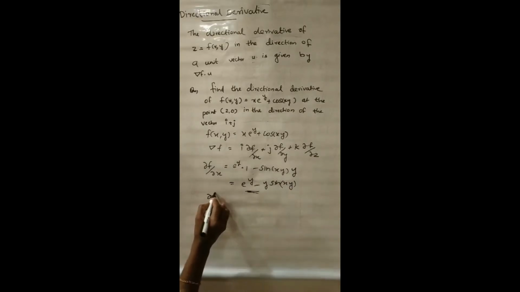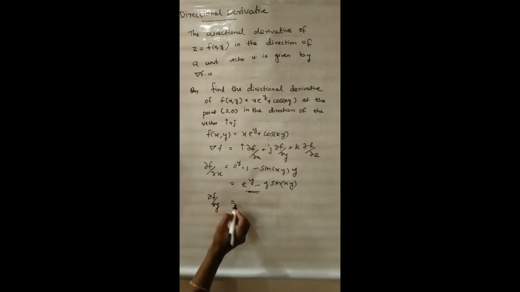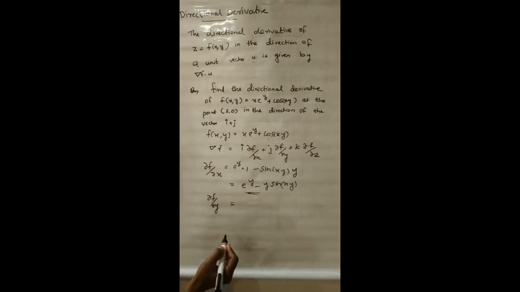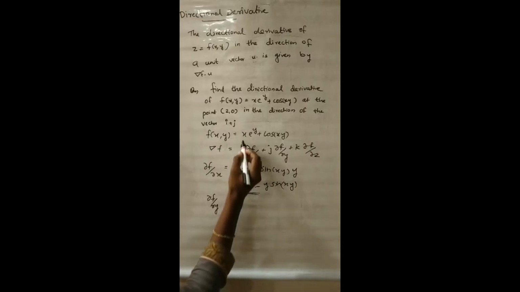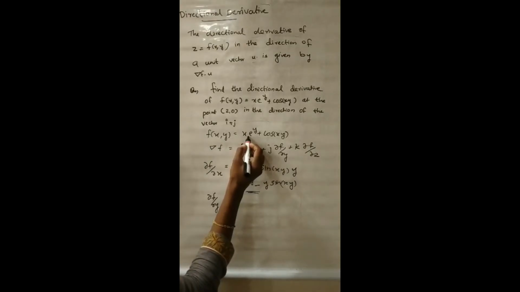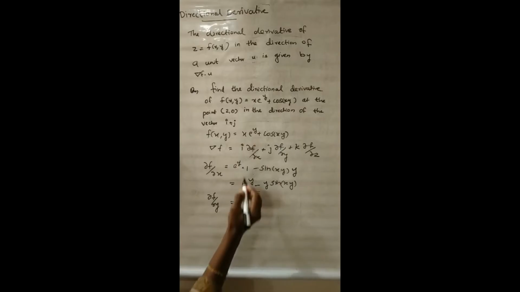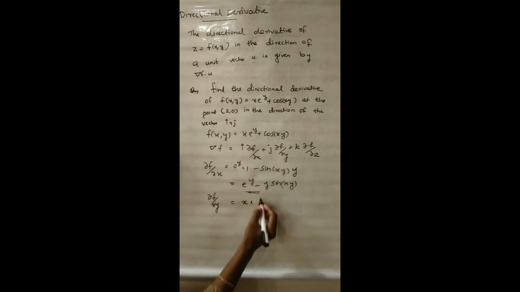Then similarly you find dou f by dou y, the partial derivative of f with respect to y. Here the first term is x e raised to y. So the derivative with respect to y, keeping x as constant, is x into the derivative of e raised to y, which is e raised to y itself.